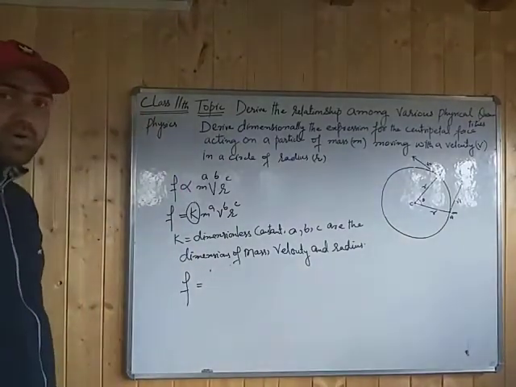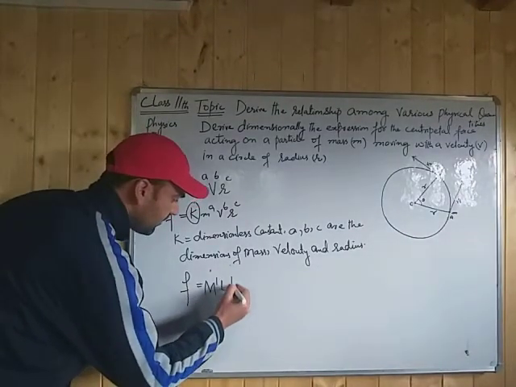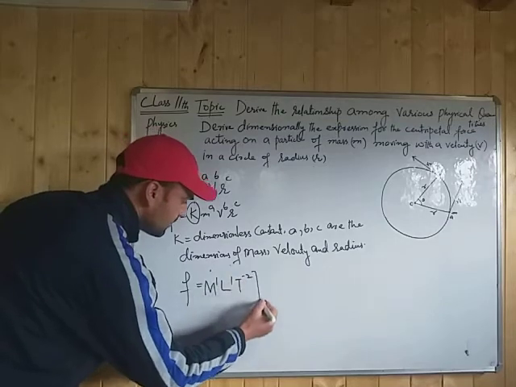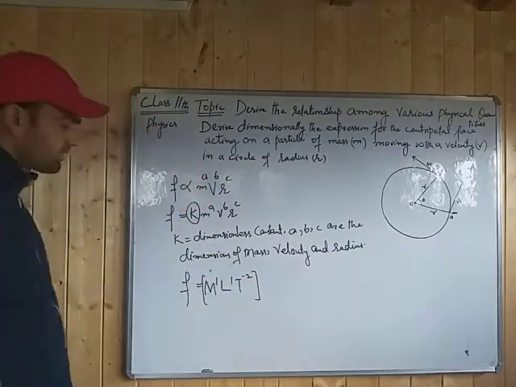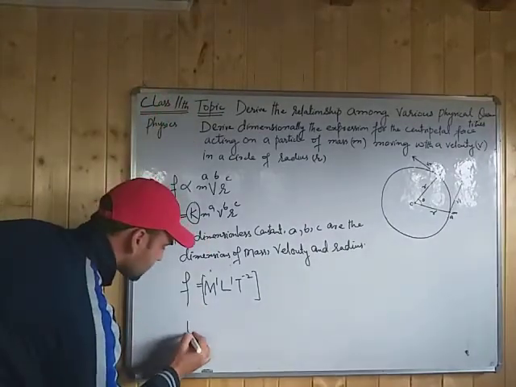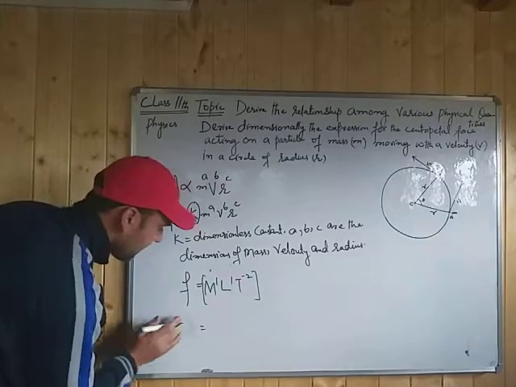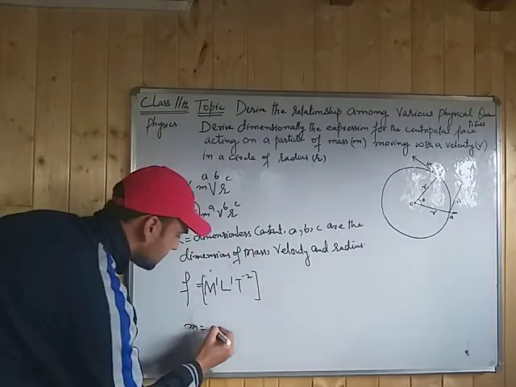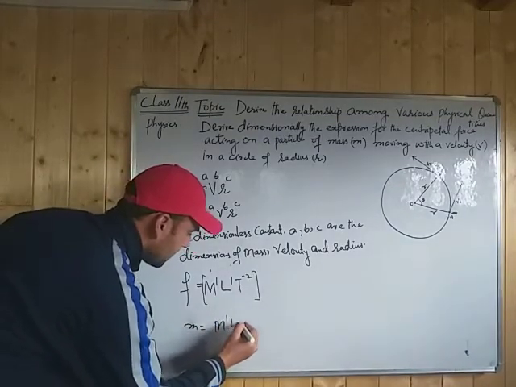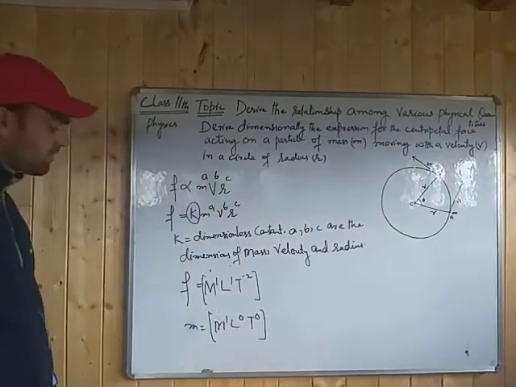The dimension formula of force is M1 L1 T raised to power minus 2. Similarly, the dimension formula of mass is M1 L0 T0.